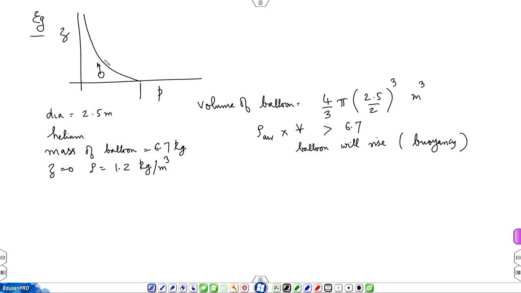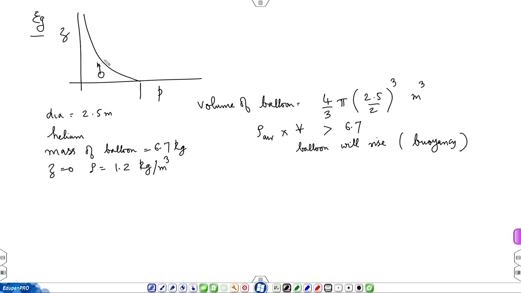The next part of the problem is, see, balloons are of course used, this is a 2.5 meter diameter balloon. It is not meant for just entertainment, it is used for measurements. Okay.